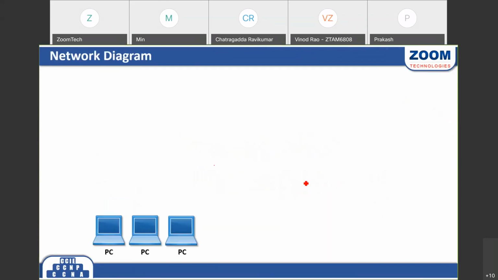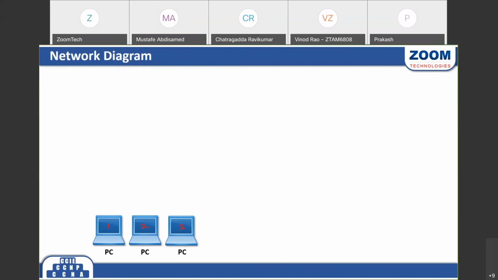In this topology we have some devices named PC1, PC2, and PC3, three computers. Tell me, guys, if the three PCs are desktops, they support wired connectivity. To centralize our computers, which device do we require?